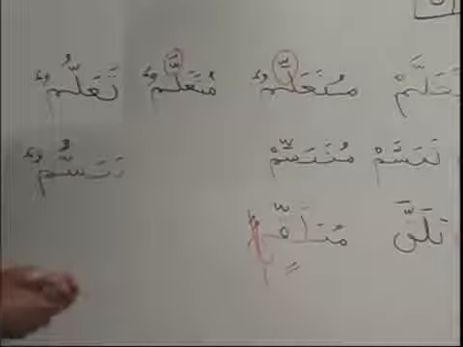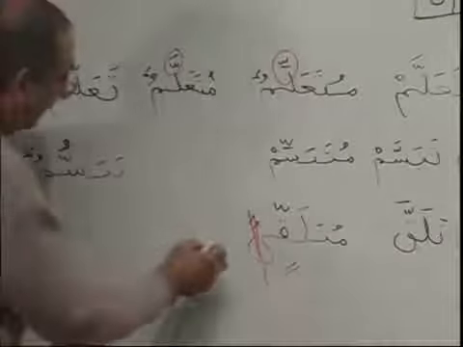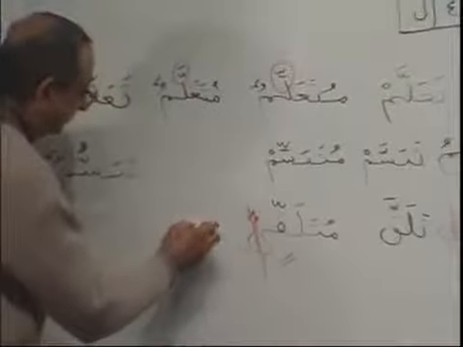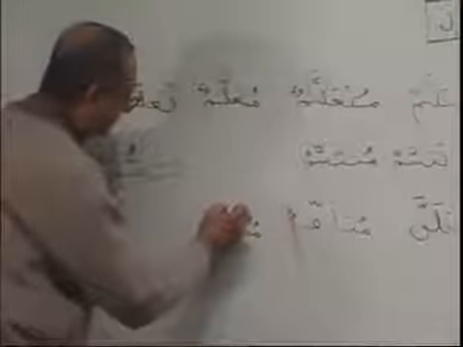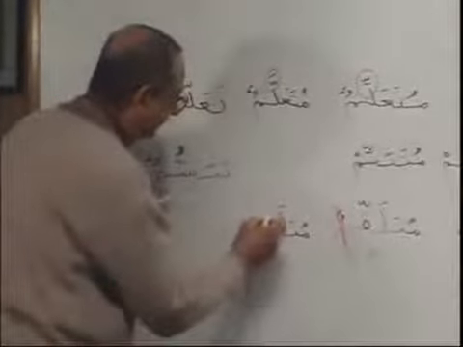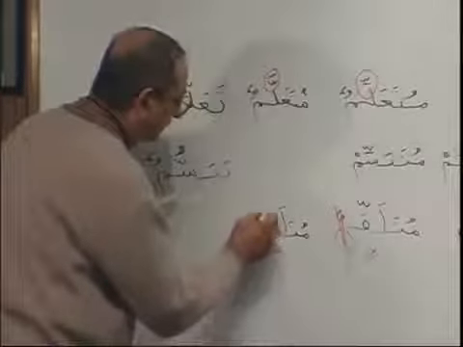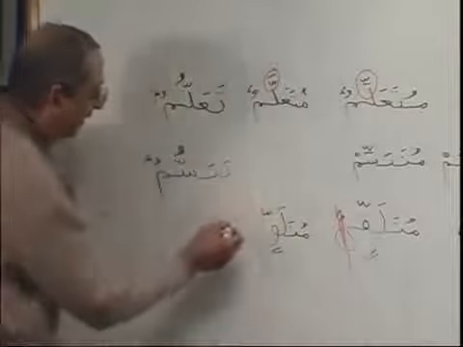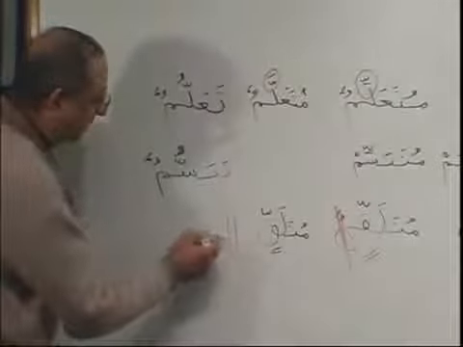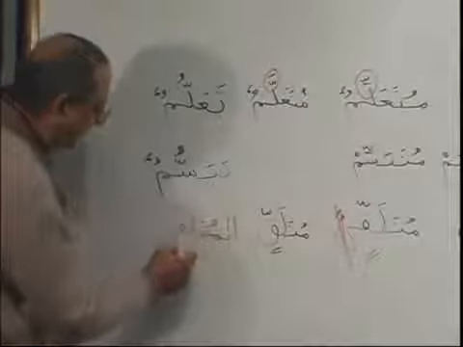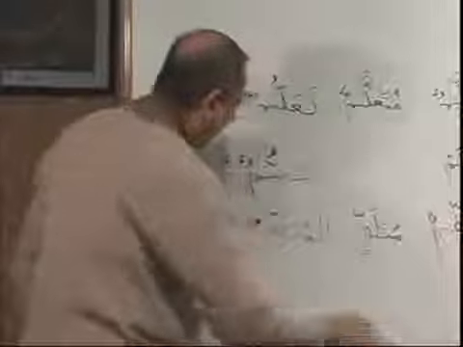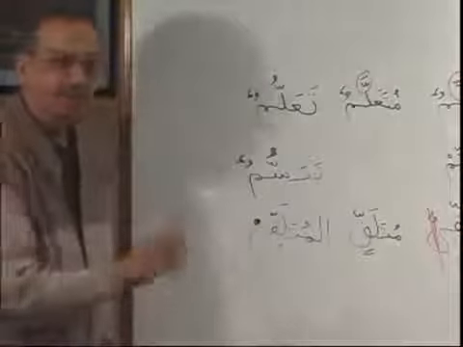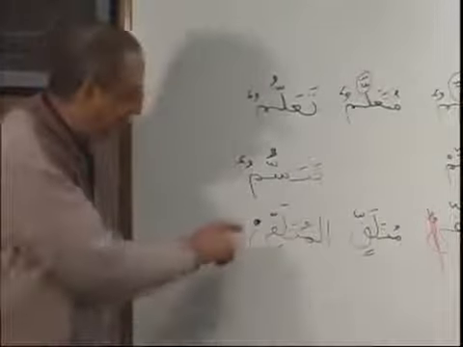So it becomes mutalakin. And if you have to put al into it, then the ya will come out: mutalaki, right? Because it's a sukun on the ya.